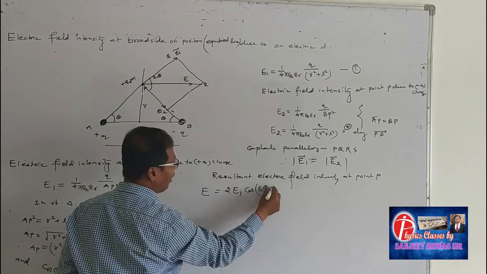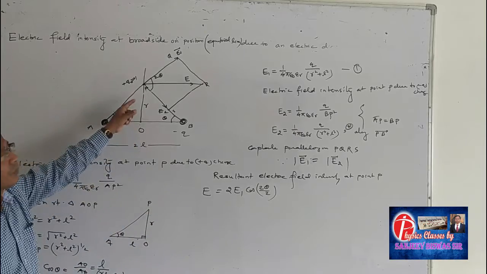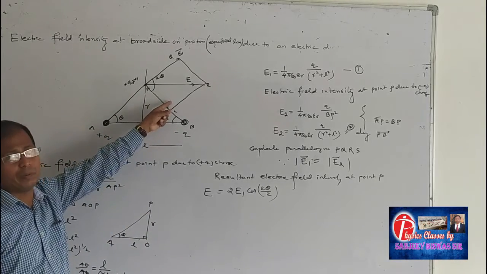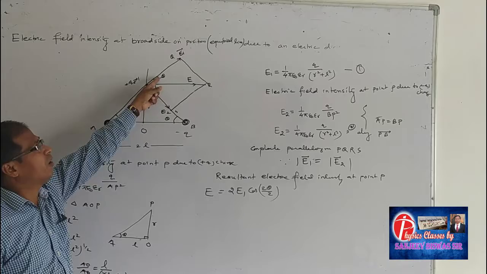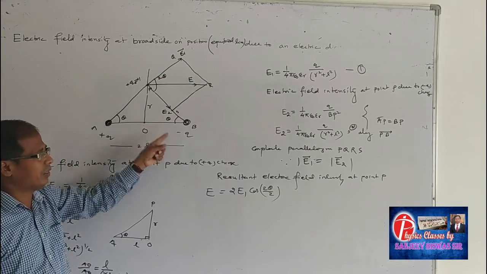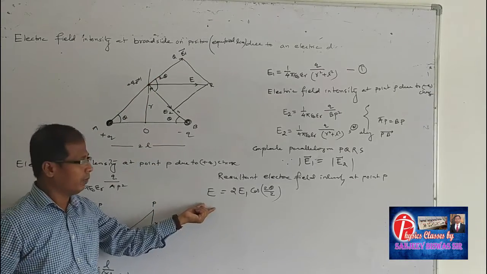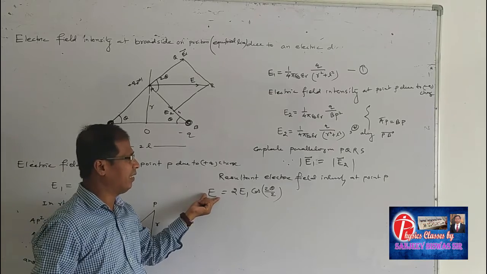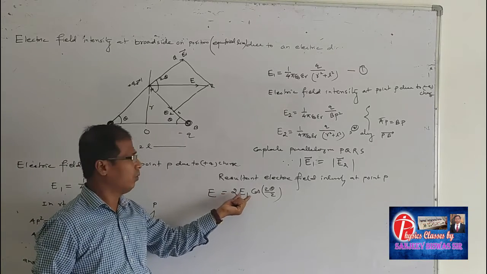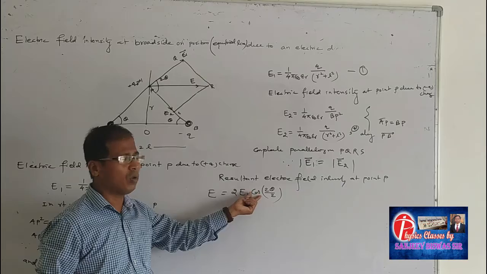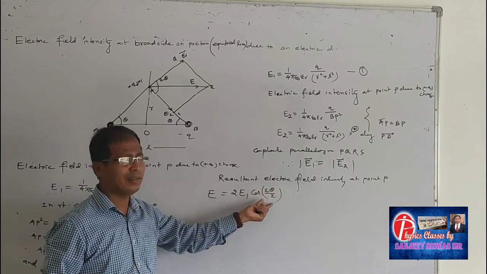It is the general formula when both have the same magnitude: the resultant is 2 into one electric field into cos of angle by 2.